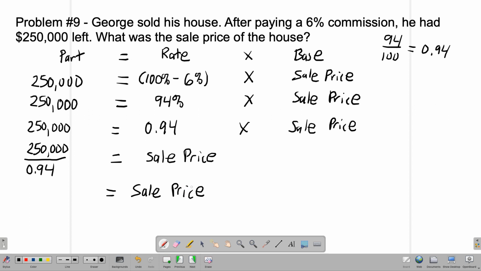So 250,000 divided by 0.94 gives us a value of 265,957.44. So the sale price of the house is 265,957. This is after you put the house on the market and the sales agent received a 6% commission. George walked away with 250,000. This is what we wanted to show.